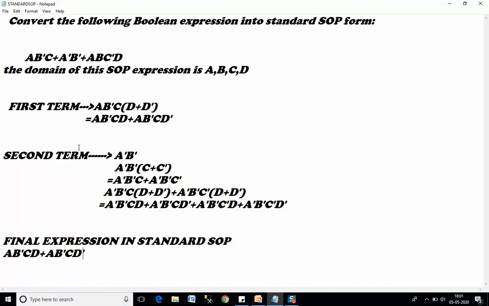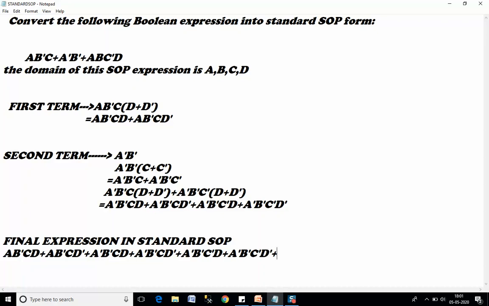My second term, A complement B complement, is equivalent to A complement B complement C D, or A complement B complement C D complement, or A complement B complement C complement D, or A complement B complement C complement and D complement.